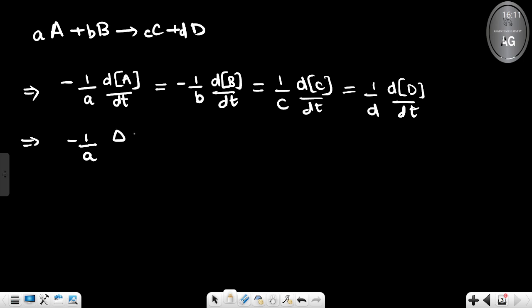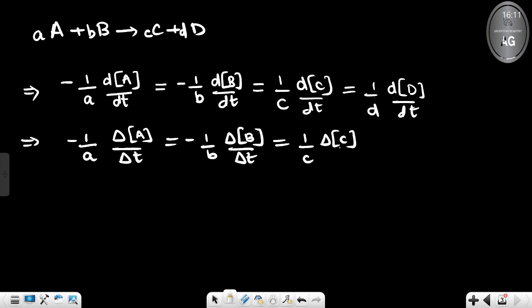So 1 by a, delta A by delta t, equal to minus 1 by b, delta B upon delta t, equal to 1 by c, delta C upon delta t, equal to 1 by d, delta D upon delta t. Clear? So this is the rate of this equation.